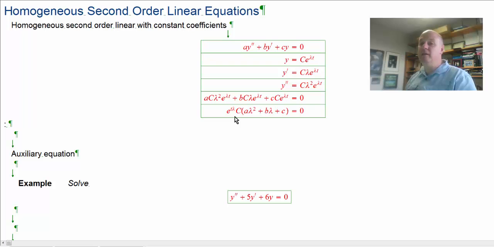The e to the lambda t, that can't be 0. The C, I'm about to say that can't be 0. I guess it could be 0, we don't know yet, but if it was 0, then the solution would be 0, its derivative would be 0, the second derivative would be 0, everything would be 0. So it could happen, but then your initial conditions would have to be y equals 0 and y prime equals 0 at t equals 0.